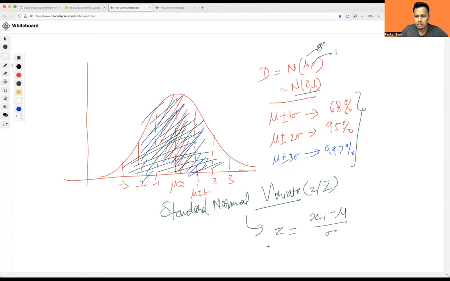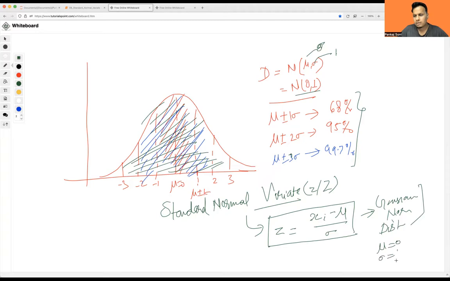This is going to transform your given data into a Gaussian normal distribution, which will start following the Gaussian normal distribution properties. So you will have exactly mu equal to 0 and standard deviation equal to 1. Once you have this, you can easily calculate how much percentage of data falls under 68%, 95%, and 99.7%. To do this, we have to follow this particular formula, the standard normal variate.